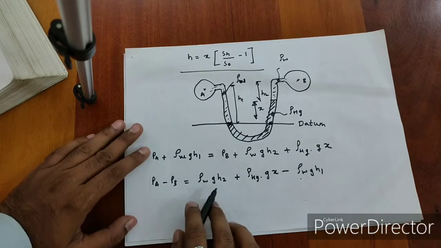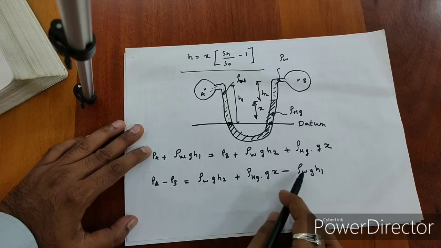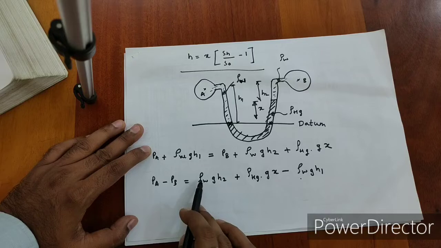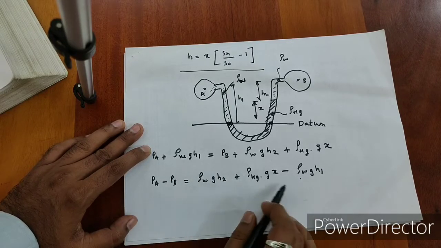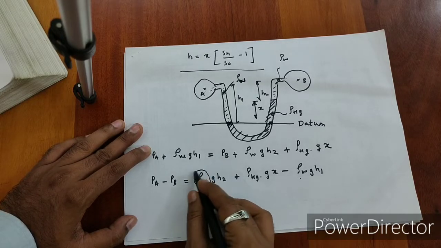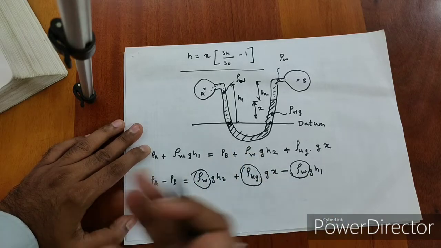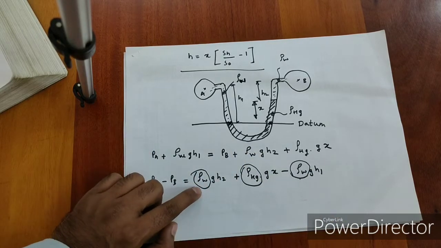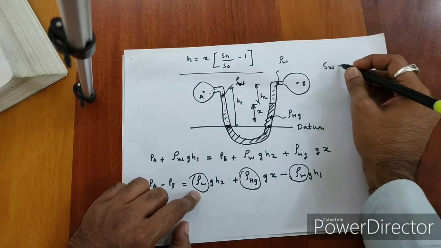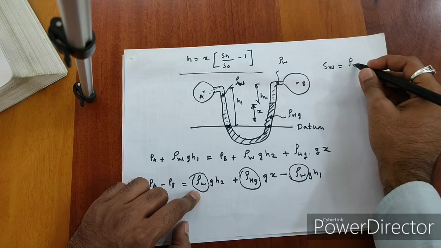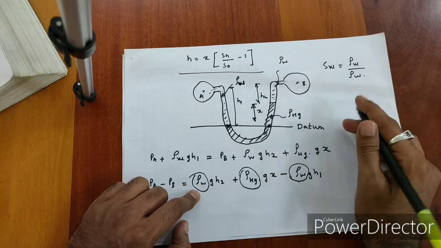On the right hand side of the equation you have different densities: rho W, rho Hg and rho W. The density on the right hand side should be common, and this mass density should be written in terms of specific gravity. Specific gravity of water equals the density of the liquid divided by the density of the standard liquid, which is water.